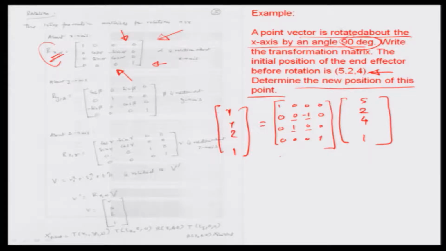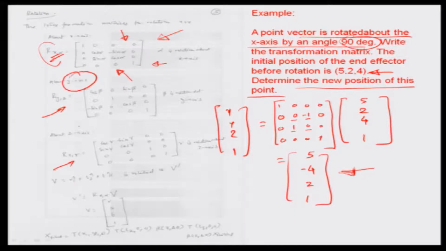So, obviously now we can write the modified coordinates as 5, minus 4, 2 and 1. So, that is how you find the modified coordinates of the end effector in this kind of situation. You will have to be very careful about applying these transformation matrices.